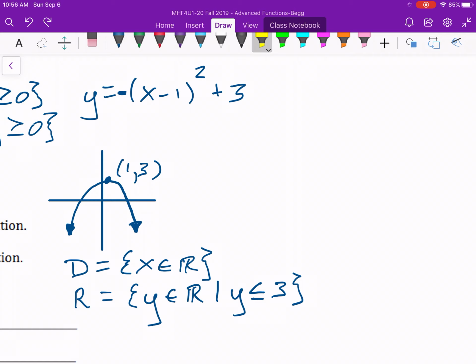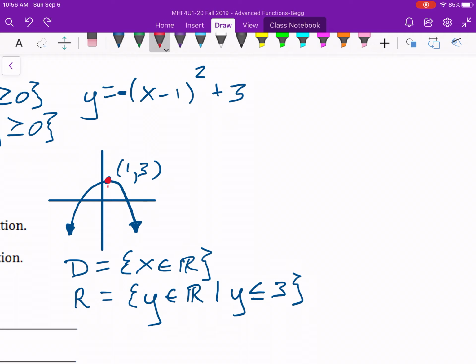As for the Y values, that's the range, right? So the range, what Y values are possible for this particular function. Well, as you can see, the highest point is at 1, 3, and all the points below that will be represented. There's Y values for anything below that, but there's no Y values higher than 3.